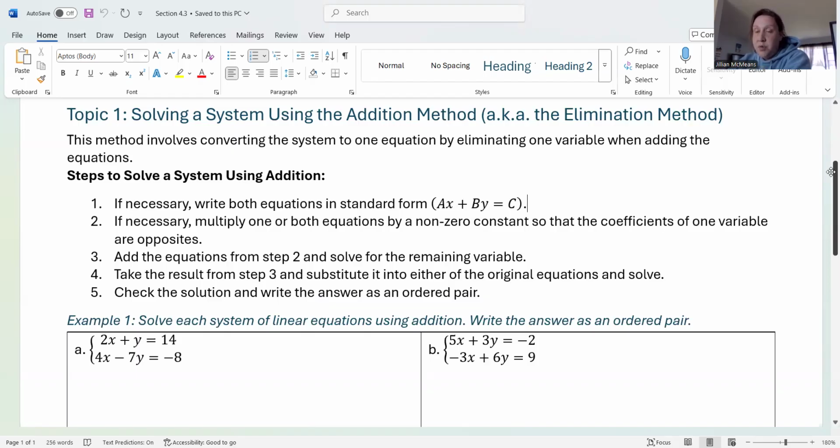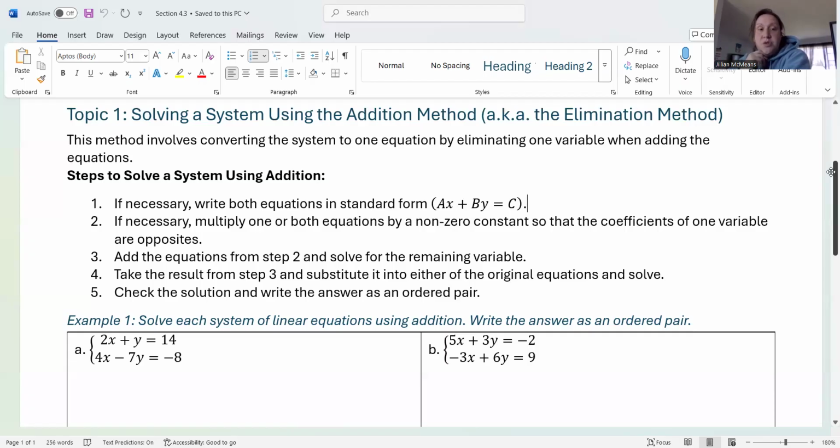Now, once you have both equations in standard form, you need to multiply one or both equations by a non-zero constant so that the coefficients of one variable are opposites. Now, we know that variables cancel when you add them and they become zero. So what we're going to do is force the coefficients of one variable to be opposites so that when we add the two equations, that variable just cancels out. When you add them, it just becomes a zero.